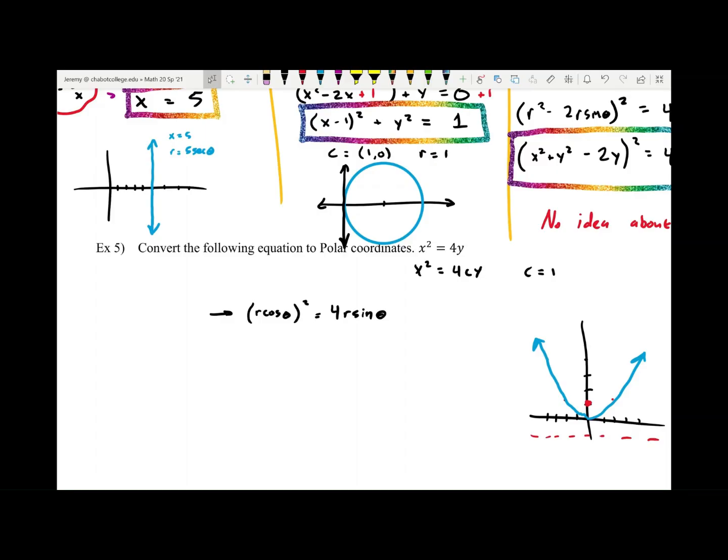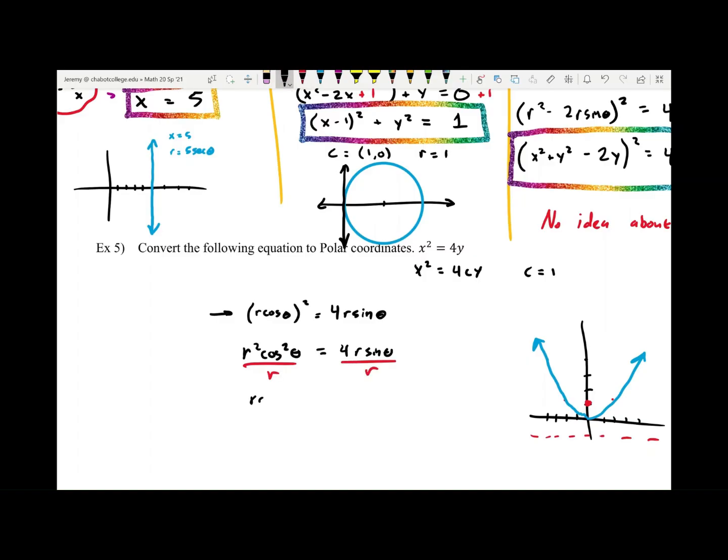And I can try to simplify this a little bit. I can square this out, so I get r squared times cosine squared theta equals 4r sine theta. And I can divide both sides by r, because I can simplify by canceling out one of these r values.